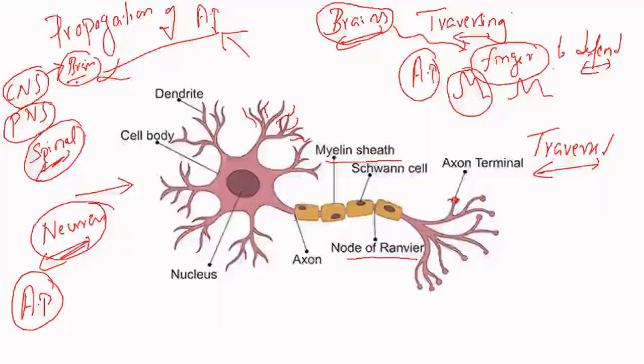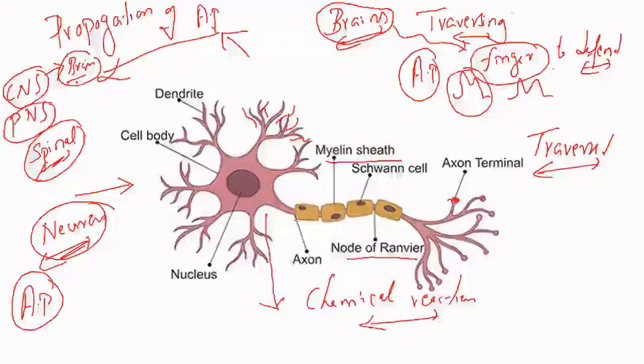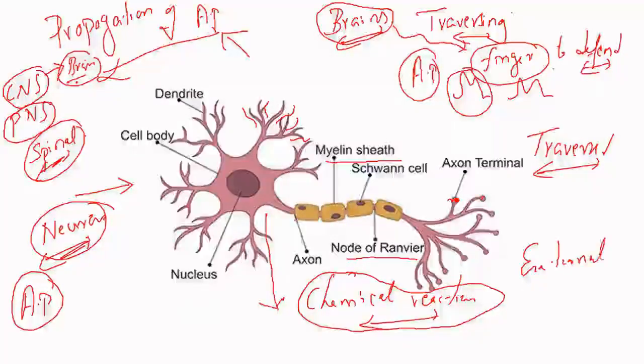Now what happens is some chemical reaction happens inside the neuron due to some external stimulus, that is an action potential. How it is getting created: same thing, external stimulus, right?